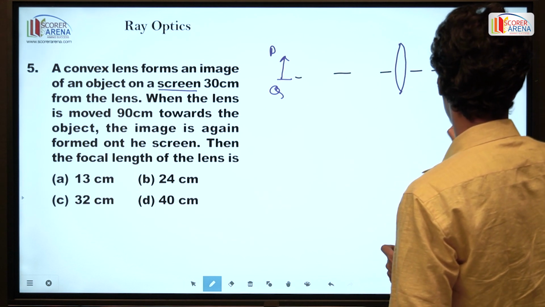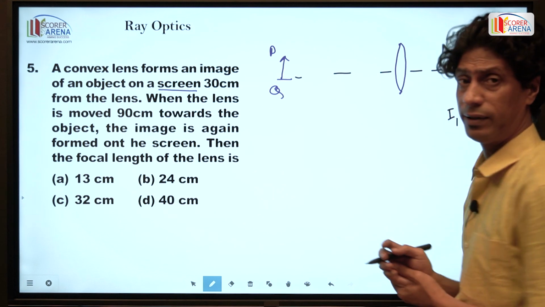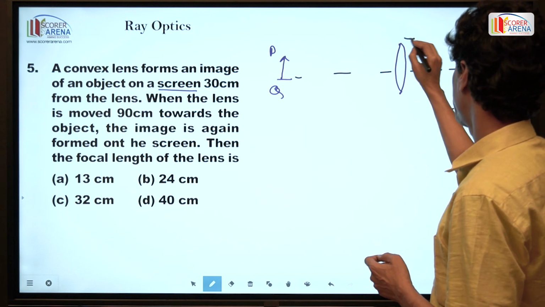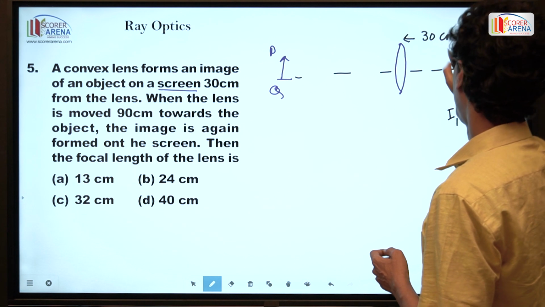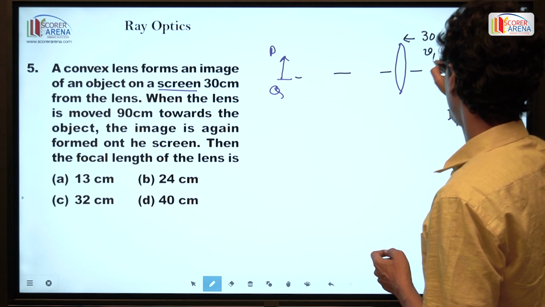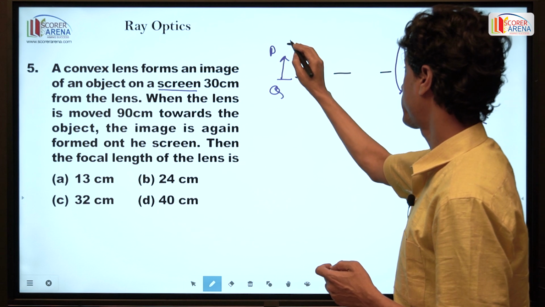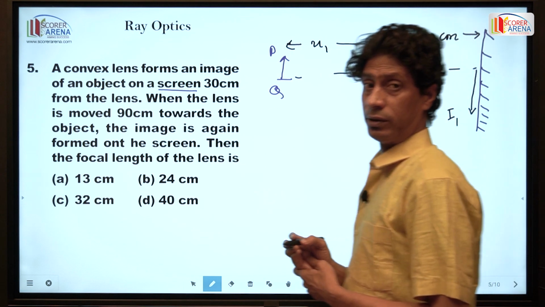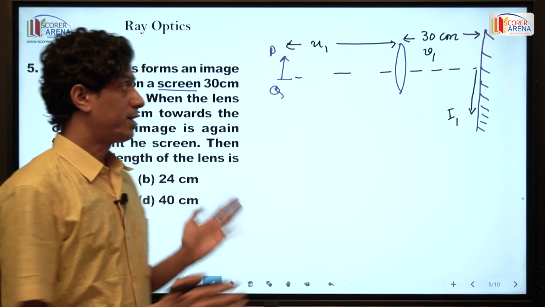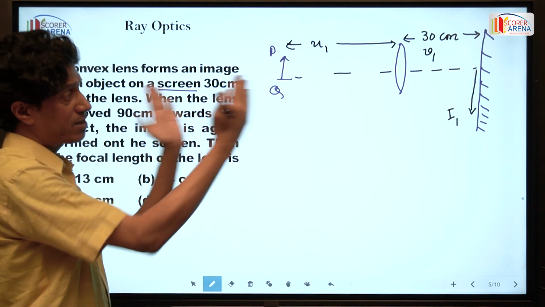This is image number 1, let us say, and this distance is given as 30 centimeter. This is V1 and this distance is U1. U1 plus V1 is the distance between object and screen.